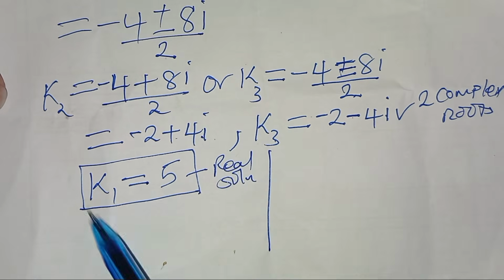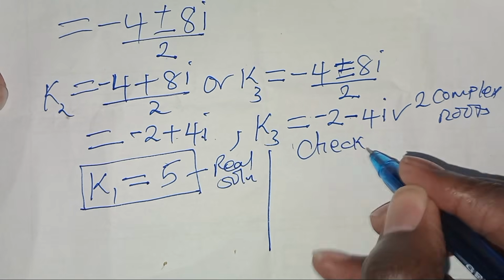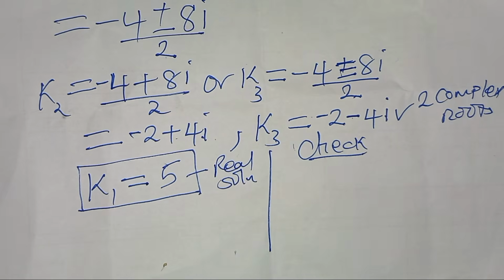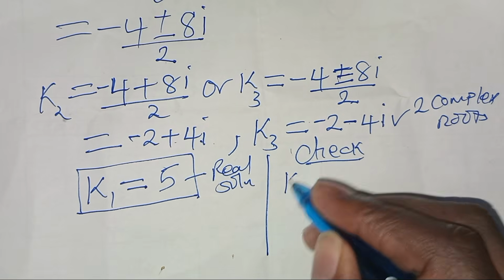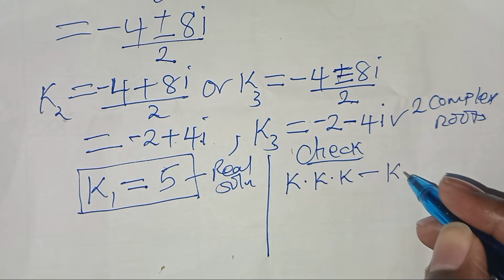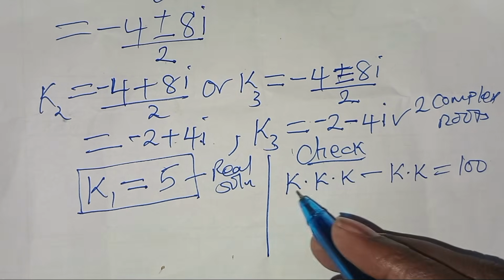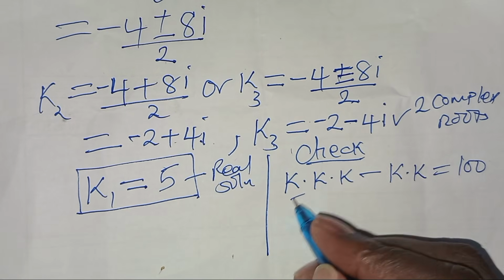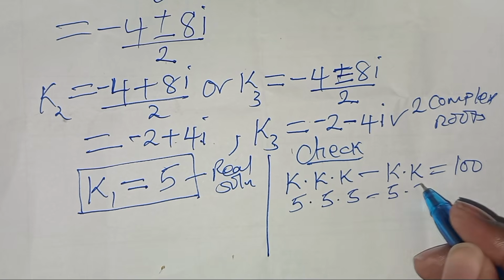So let's substitute the value of k1 to check if it satisfies the equation. If you recall, we had k times k times k, subtract k times k, equal to 100. So this is 5 times 5 times 5, subtract 5 times 5.